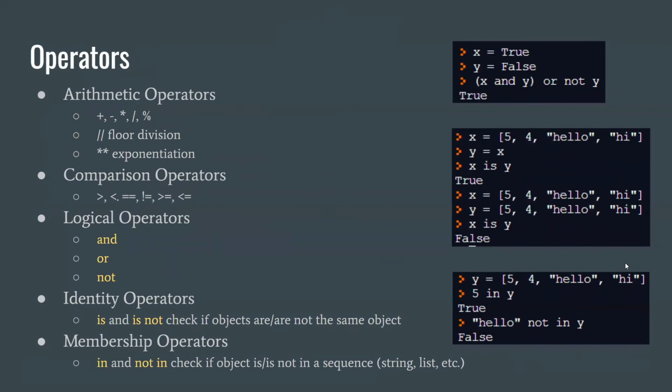Okay, operators. Most general operators are pretty much the same as you'd expect. The arithmetic operators, your plus, minus, multiply, divide, all those. You're going to have the same comparison operators. Some things that might be different are your logical operators, which are actually going to be the words.